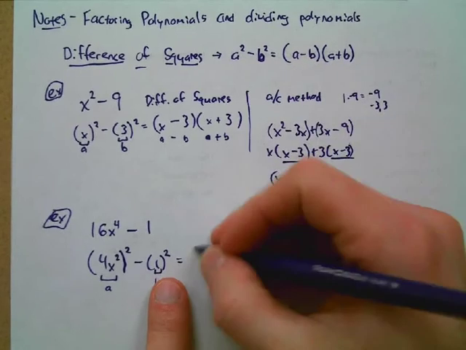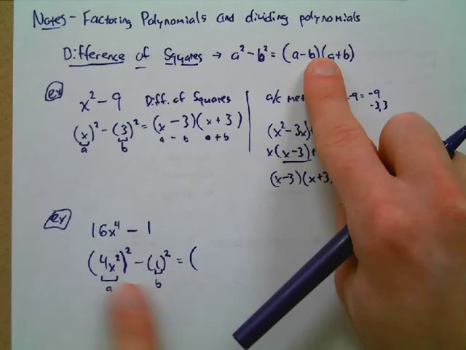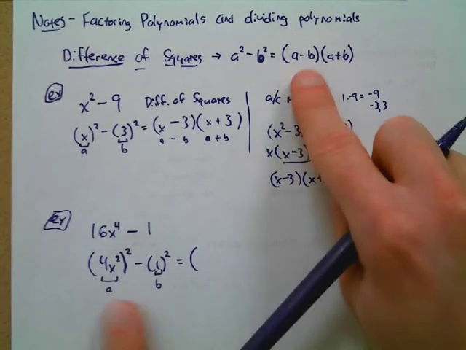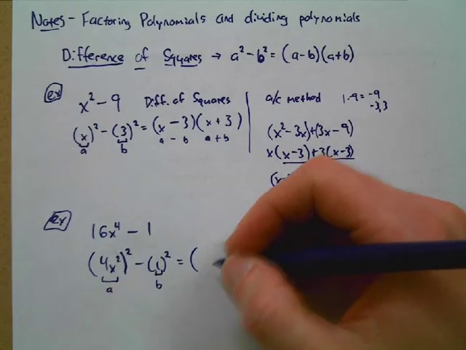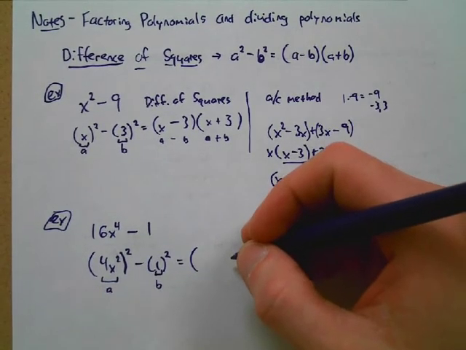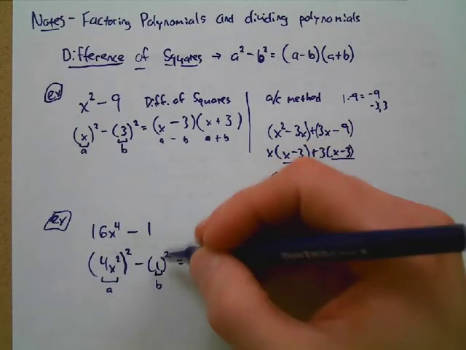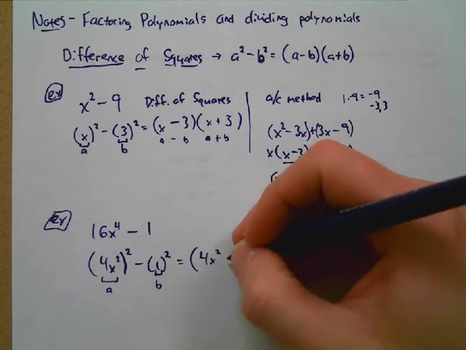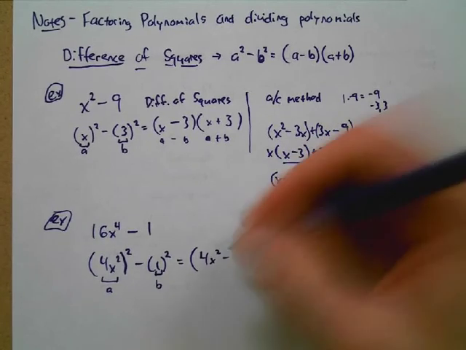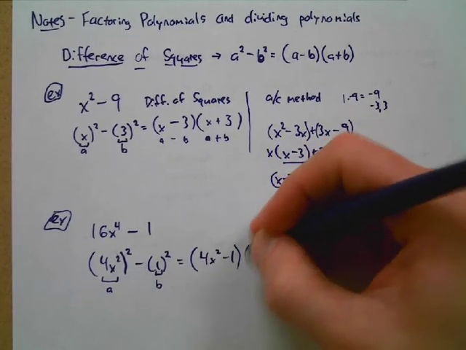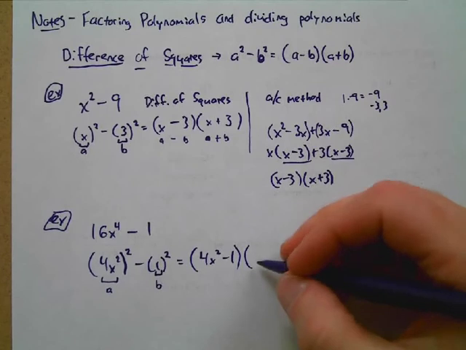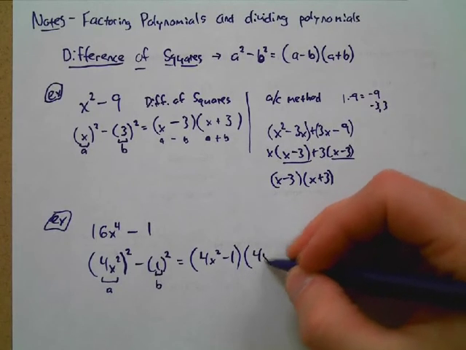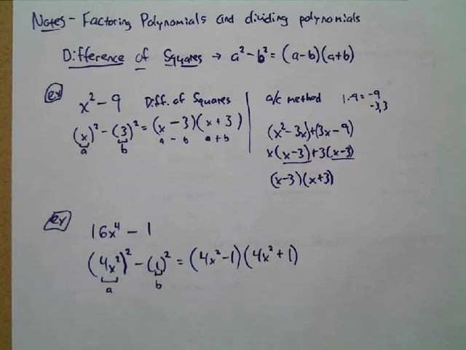So it'll be A minus B. So in our case, what is A minus B in this problem? So 4x squared, and then minus what? The B is 1. And then for the other one, we'll have A plus B, so it'll just be 4x squared plus 1. Yep, and there it is.